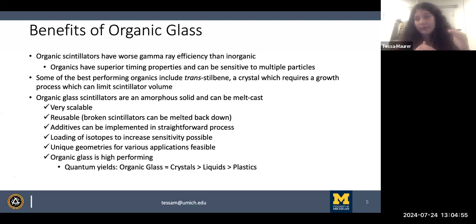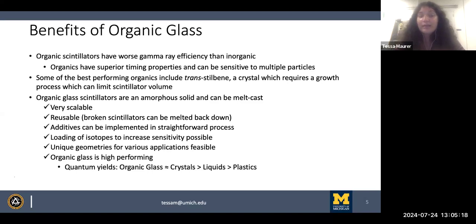This is known as the gold standard among organic detectors, but it is a single crystal, so you have to physically grow it. That process alone is really time consuming. It's not straightforward at all, and it can limit scintillator volume. On top of that, they no longer commercially produce this stilbene detector.